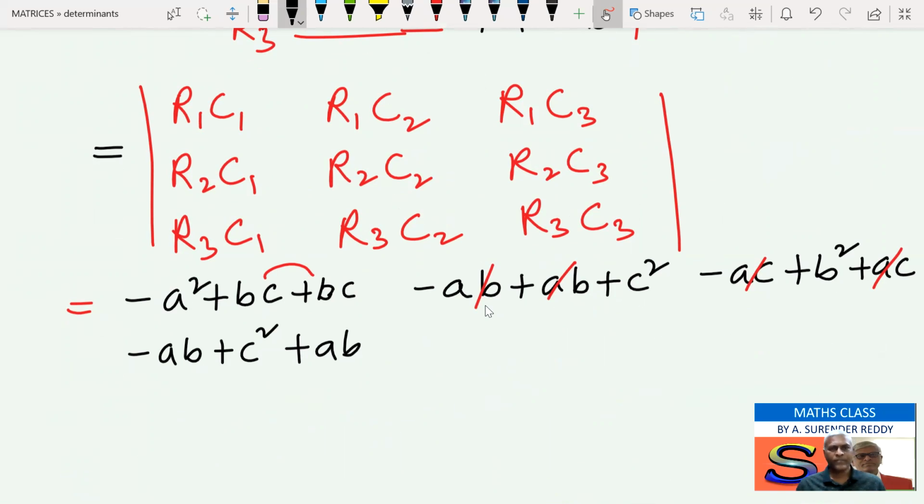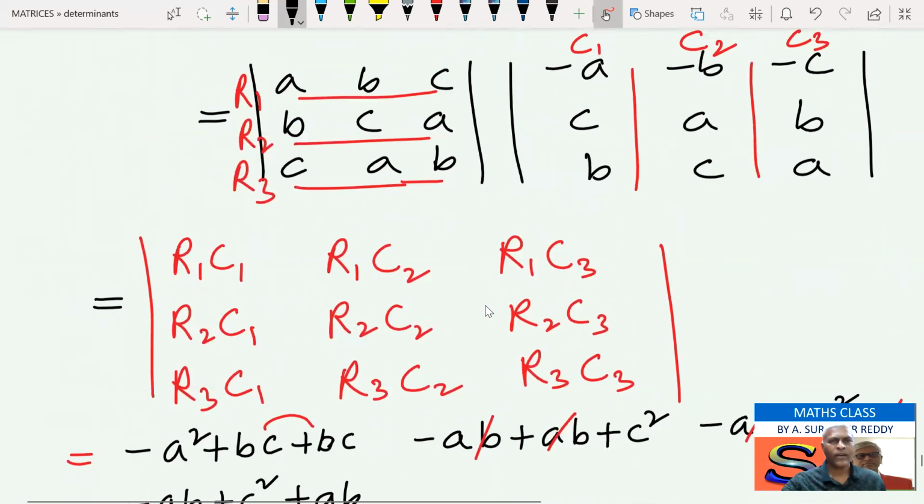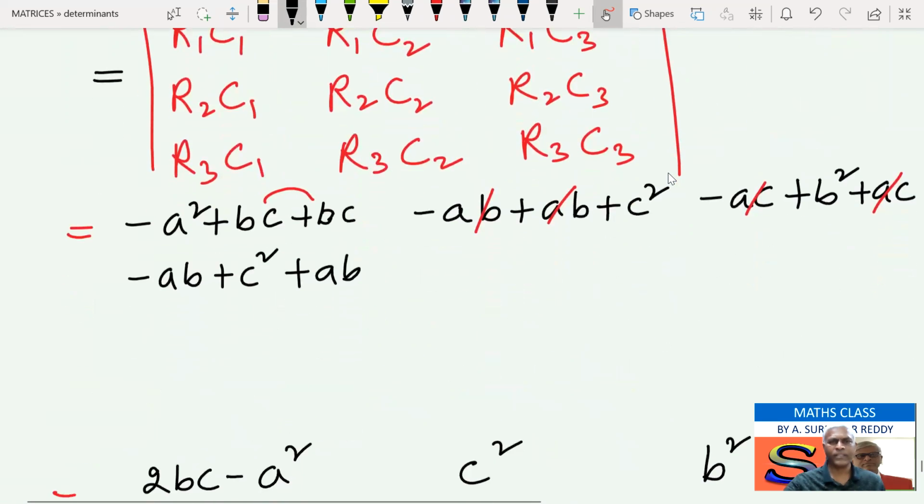Next R2 C2: B into B, minus B square, C into A, AC, A into C, AC, minus B square plus AC plus AC.